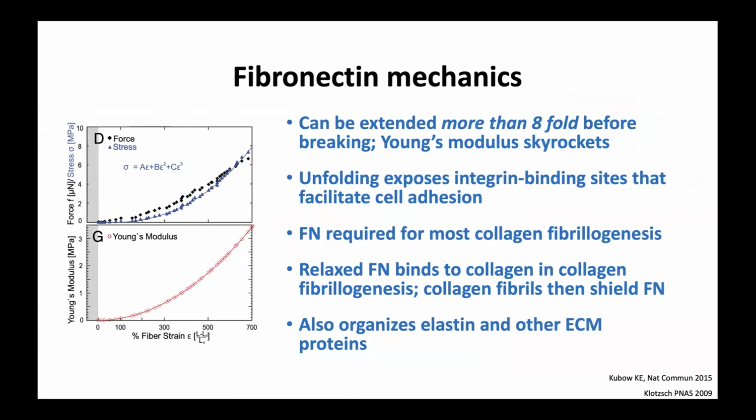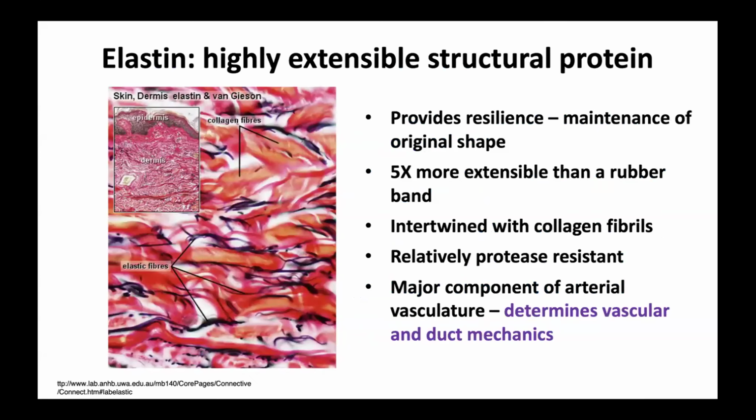It gets wickedly stiff, but it doesn't break. When fibronectin unfolds, it exposes integrin binding sites and it facilitates cell adhesion. So if you want to think about the lecture you just heard, when you put tension on fibronectin, you're going to increase cell adhesion. I won't say anything more about that.